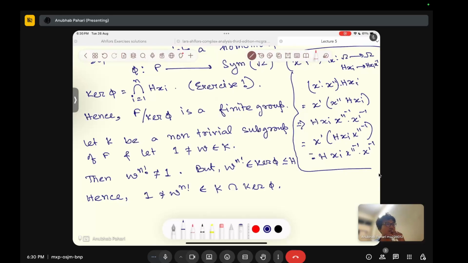Sir, I asked why W to the power n factorial belongs to kernel phi. If it belongs to kernel phi, then phi of this must be equal to the identity of phi. No, what I am asking is why it belongs to kernel phi.